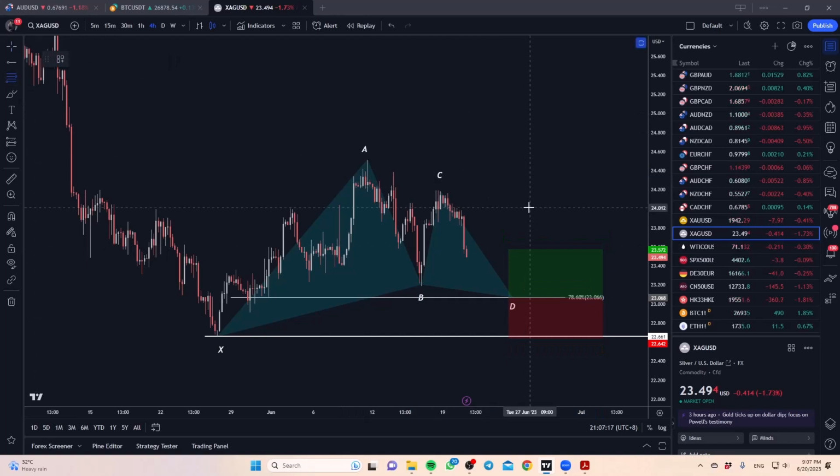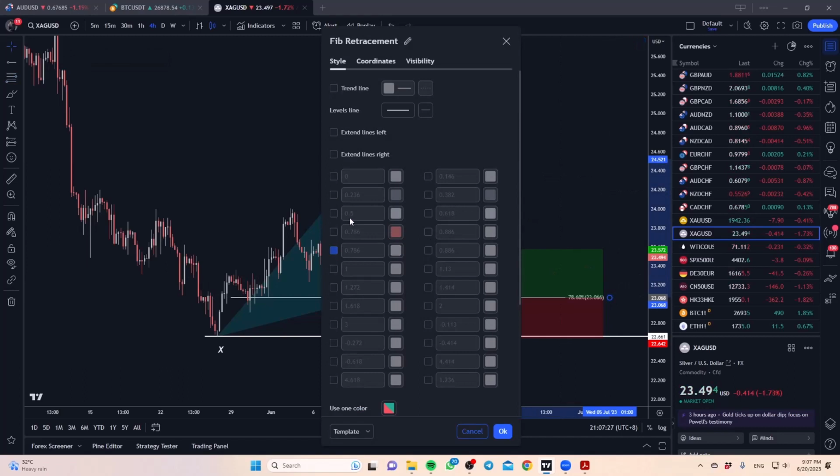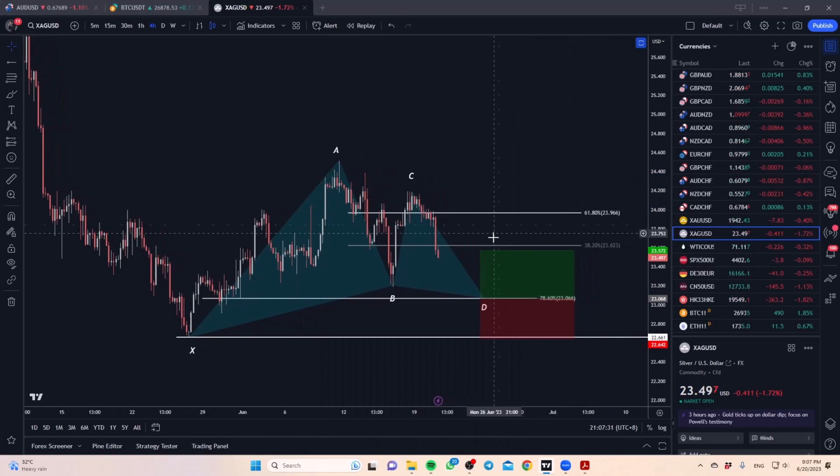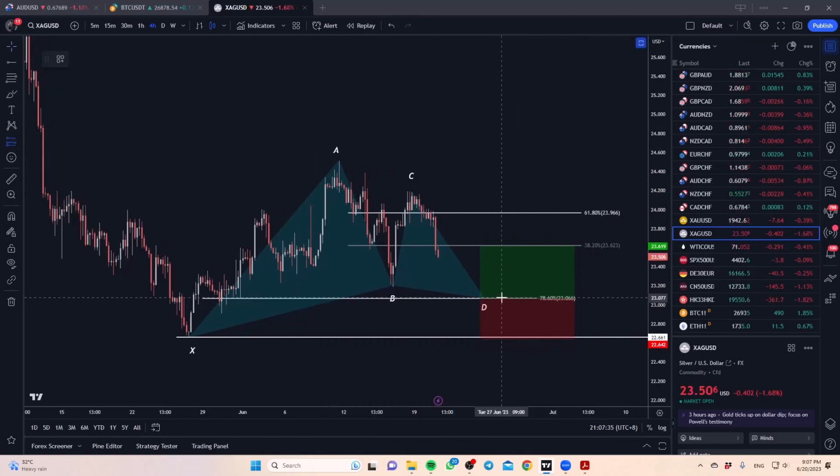And then your target, depending on TP1, TP2, or how far you want to go. The rule here is you take your fibs to look for targets. You pull from A to your completion point D, and the two levels we look at are 382 and 618. So this becomes our TP1, and we have our TP2 here.